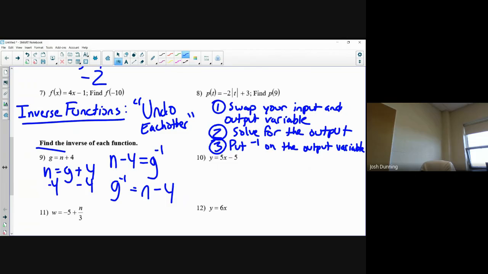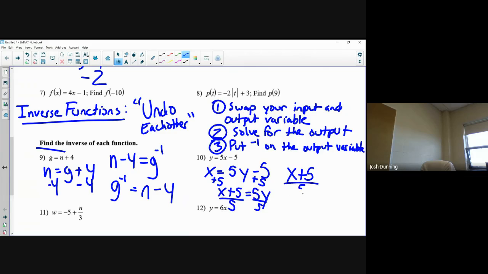Number 10, again, swap x and y. Get your y alone by adding 5. I can't combine x and 5, so I'm going to write x plus 5. Now I divide by 5, by that whole thing.